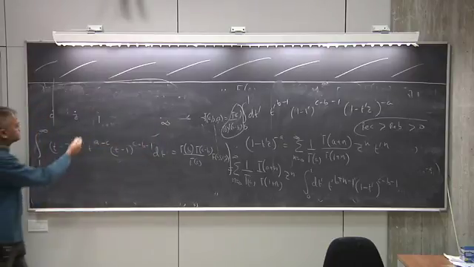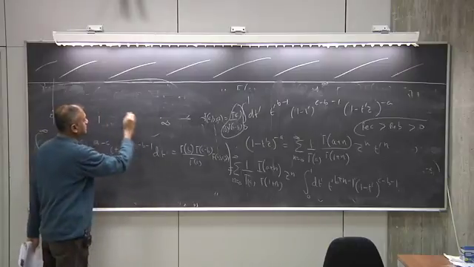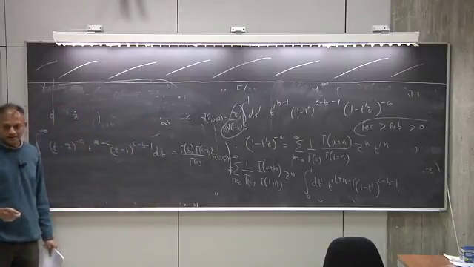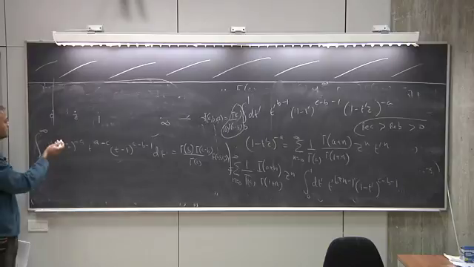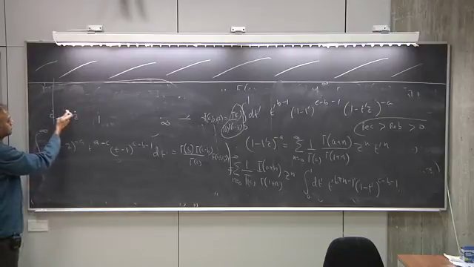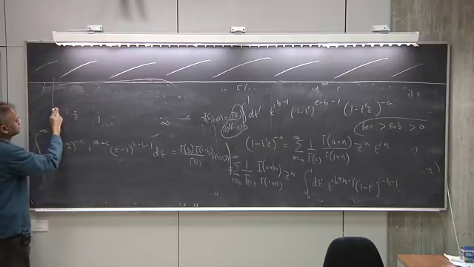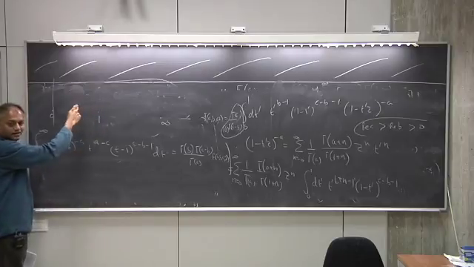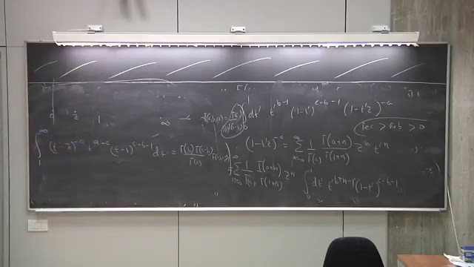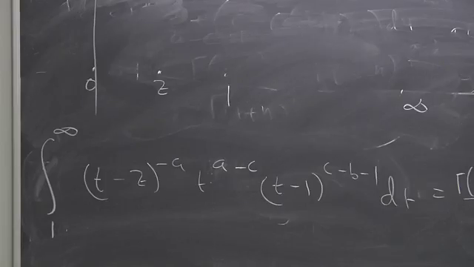Here I just picked 2 singular points and did the integral from 1 to infinity. I could have chosen other contours, for example 0 to z, or 0 to 1, or z to 1. Out of the 4, it's basically combinatorics, 4c2: I have to just pick 2 points and integrate. 4c2 is exactly 6, and those 6 that I mentioned before are exactly these.